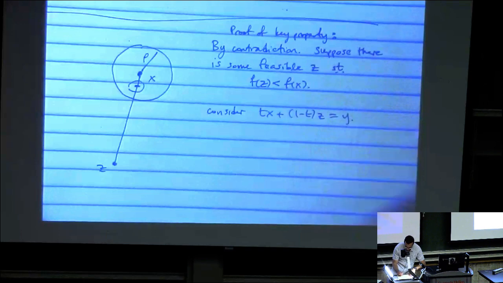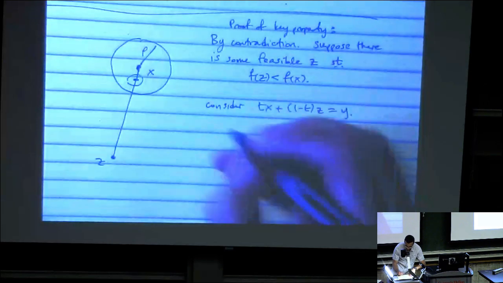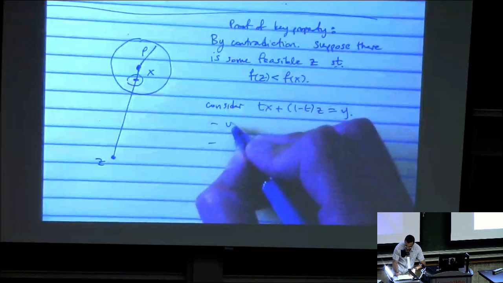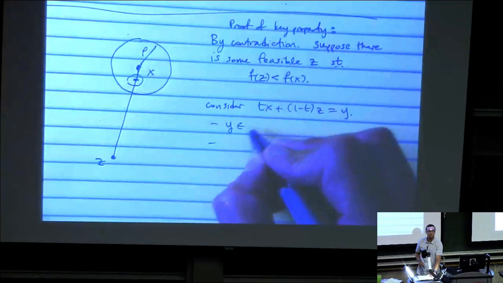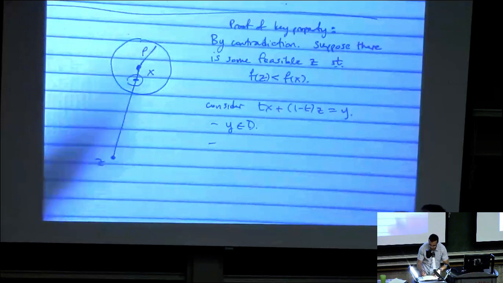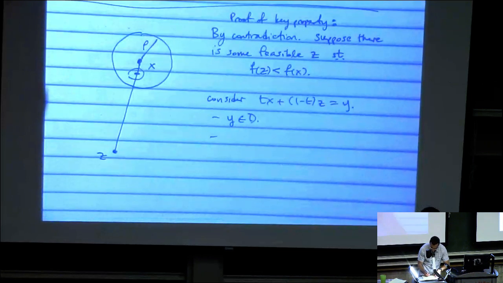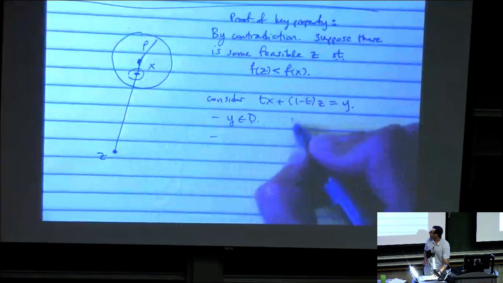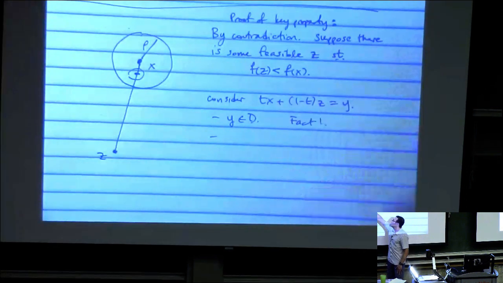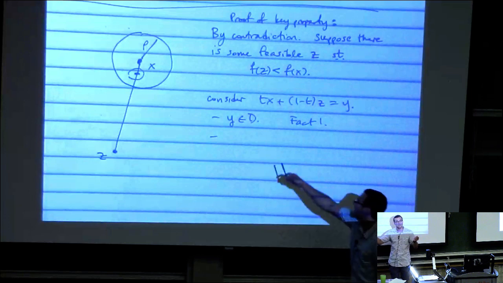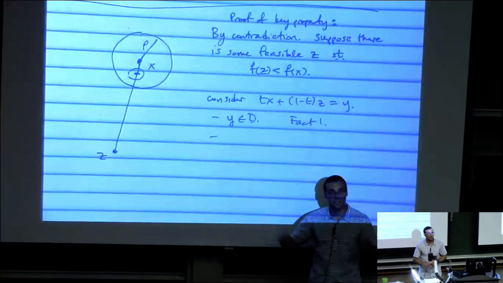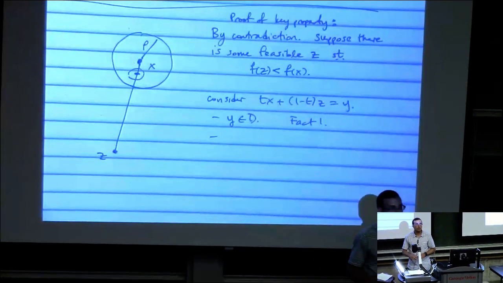So first of all, we've got to get some stuff out of the way. y is actually still going to be in D. That's fact 1. Why? It's because D is actually an intersection of convex sets, and from what we're going to learn next time, intersections of convex sets are still convex.